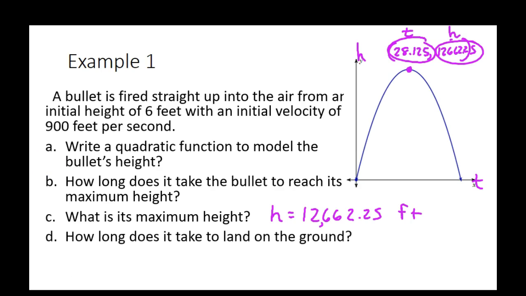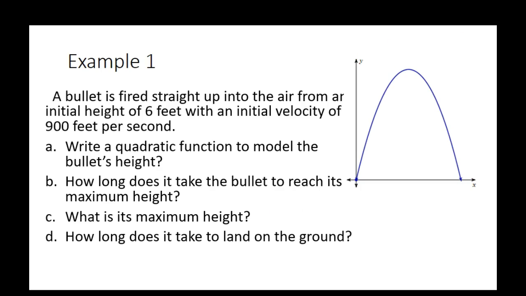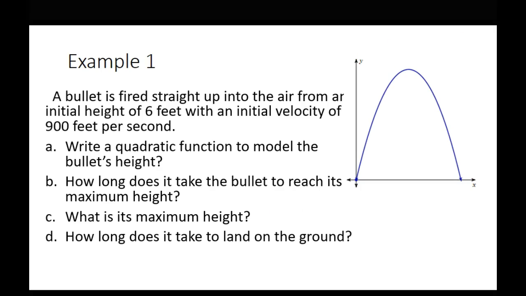Next question. How long does it take to land on the ground? That's our next question. Well, when an object is on the ground, what's the height? 0. Now, there's 2 times, maybe, when the height is 0, right?